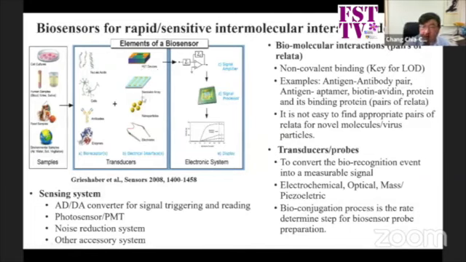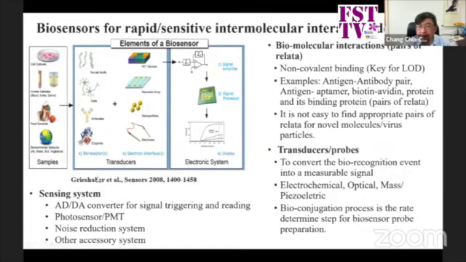When those signals are converted to optical or electronic signals, by using amplifiers and converters, especially the ADDA converter, currently their resolution is high enough and the signal amplifier's efficiency is high, so we can detect the signal easily.